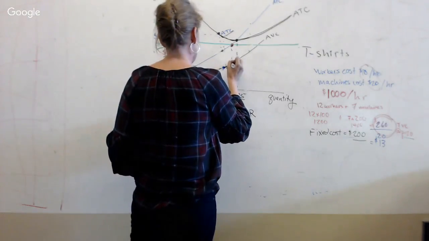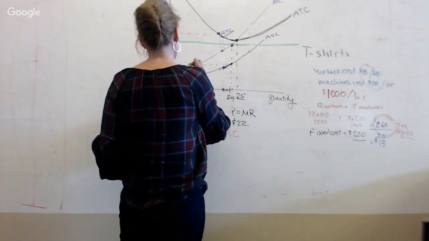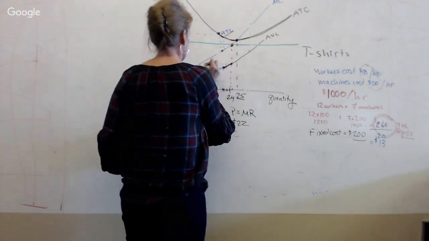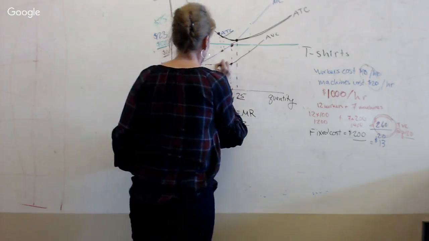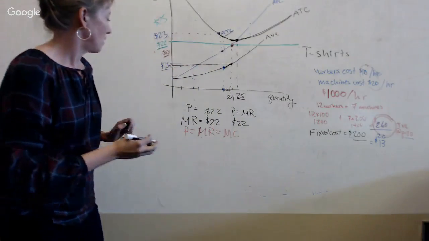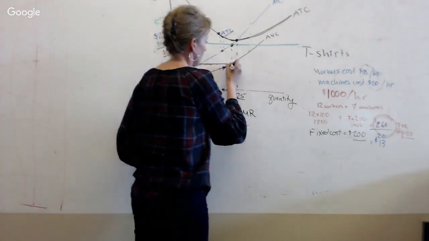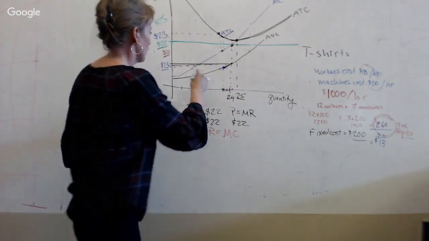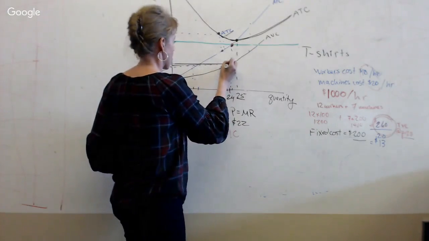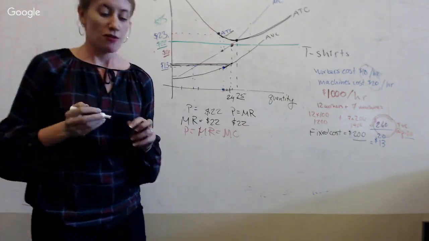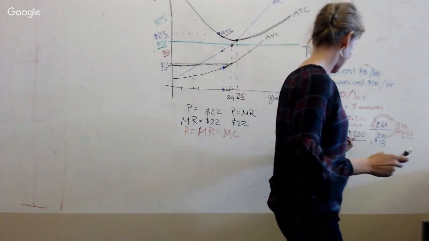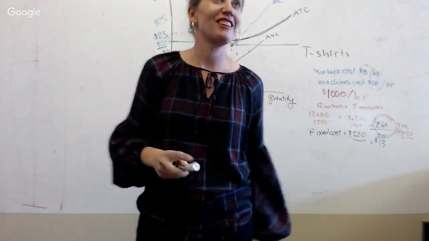Here's our average variable cost. It's probably lower than that. We have to make sure we get a fixed cost of $200.